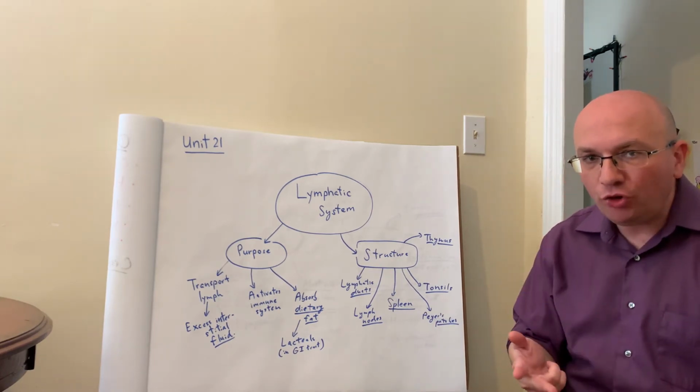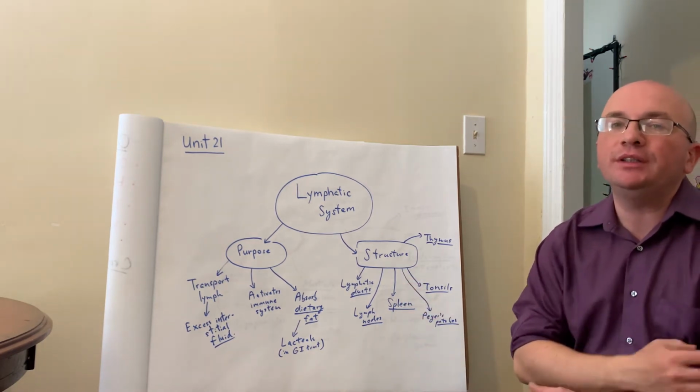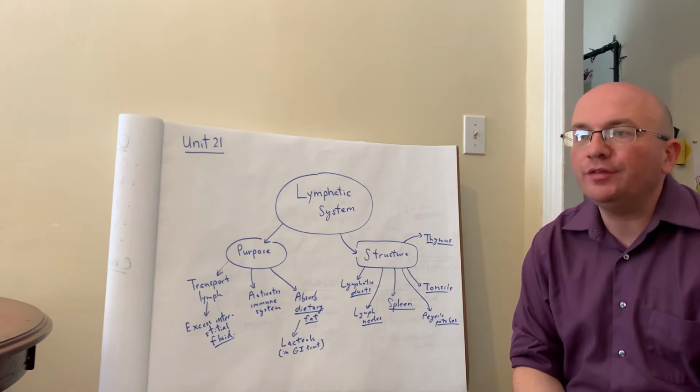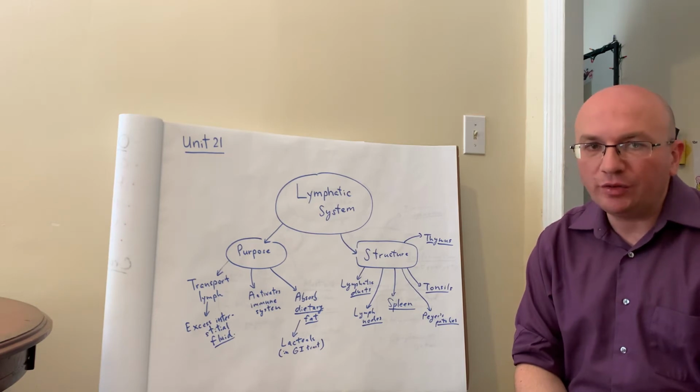So, two functions at the very least for the spleen. One is that the spleen plays a role in the immune system, helping the body fight infections. And the second deals with the recycling of the red blood cells.